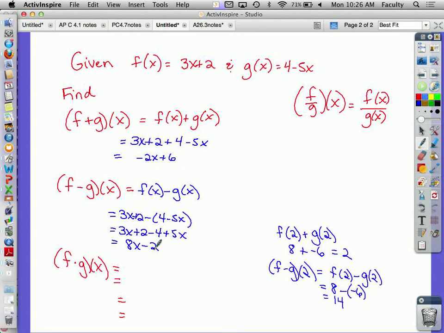All right, f times g of x means f of x times g of x. So this would be 3x plus 2 times 4 minus 5x. So go ahead and do FOIL on it.